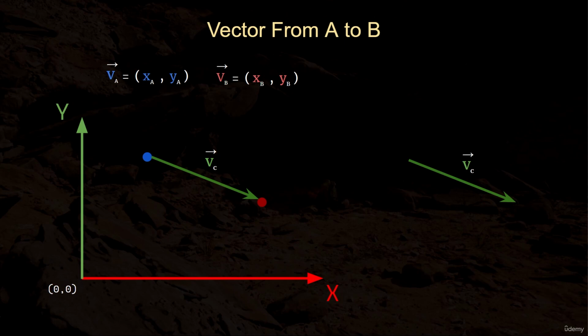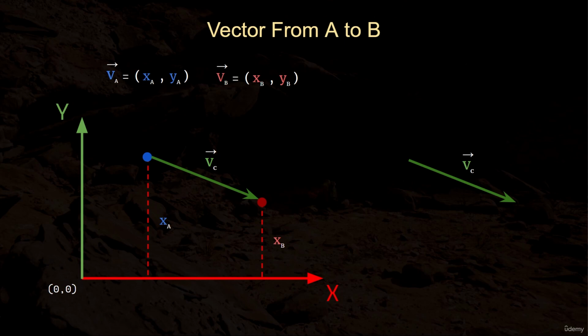So if we just look at the x components of these vectors, then for the location of the red dot, that location is going to have an x-coordinate of xb. That's the distance from the origin to this x location traveled along the x-axis. And the x-coordinate of the blue point is xa, stored in our vector.